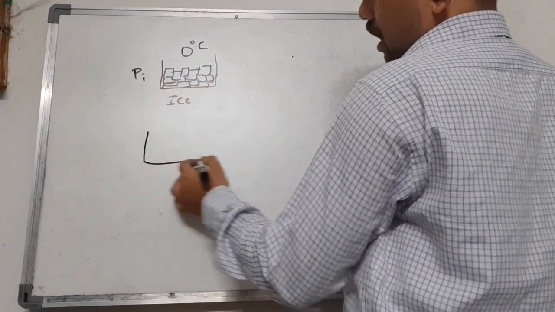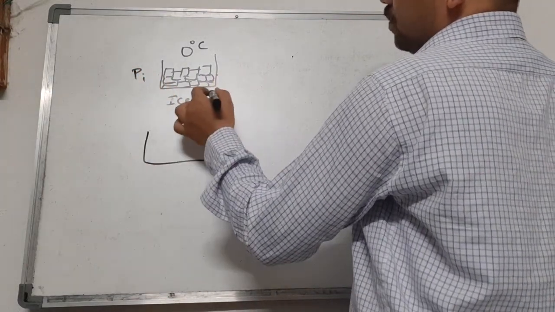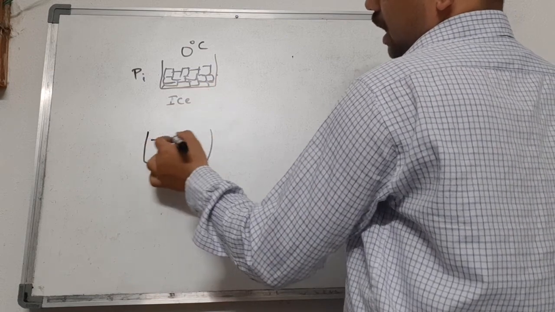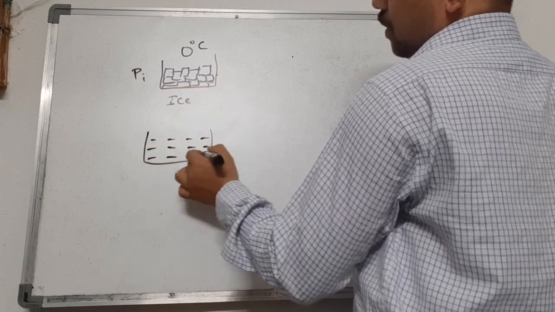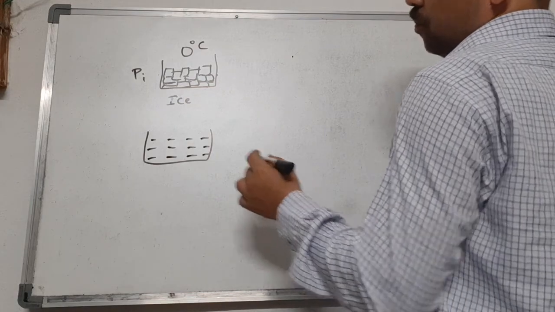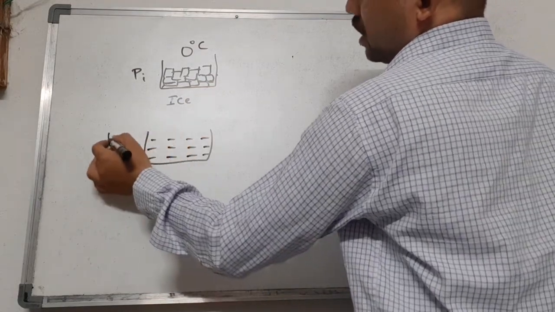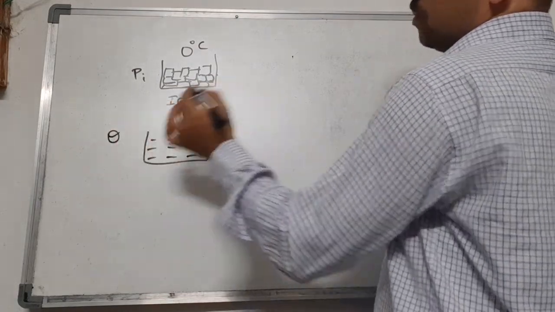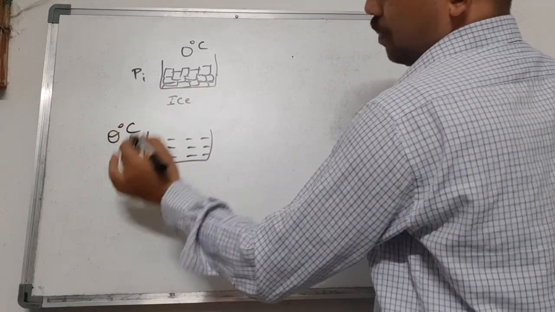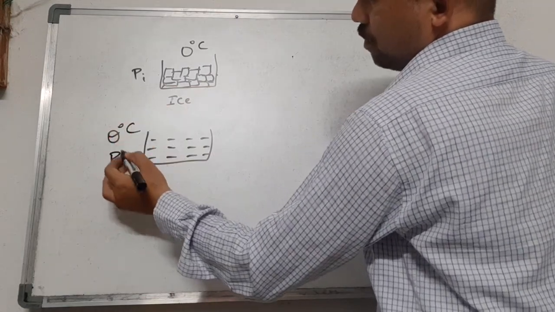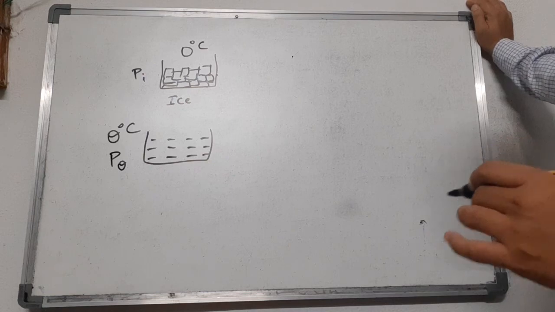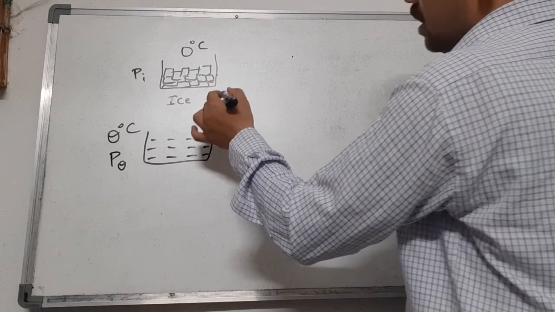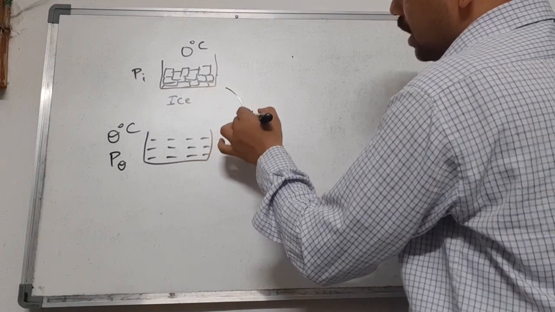Next, I supplied some heat energy. I heated this, and it turned into water. Further I heated it, and it reached some temperature theta degrees Celsius. At this point the pressure is P theta, suppose, right?